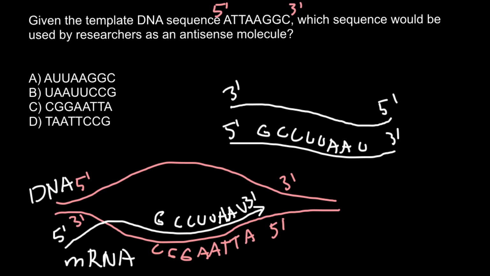And the sequence has to be complementary, so uracil would base pair with adenine, uracil, uracil here, adenine, adenine, and guanine, guanine, and cytosine.